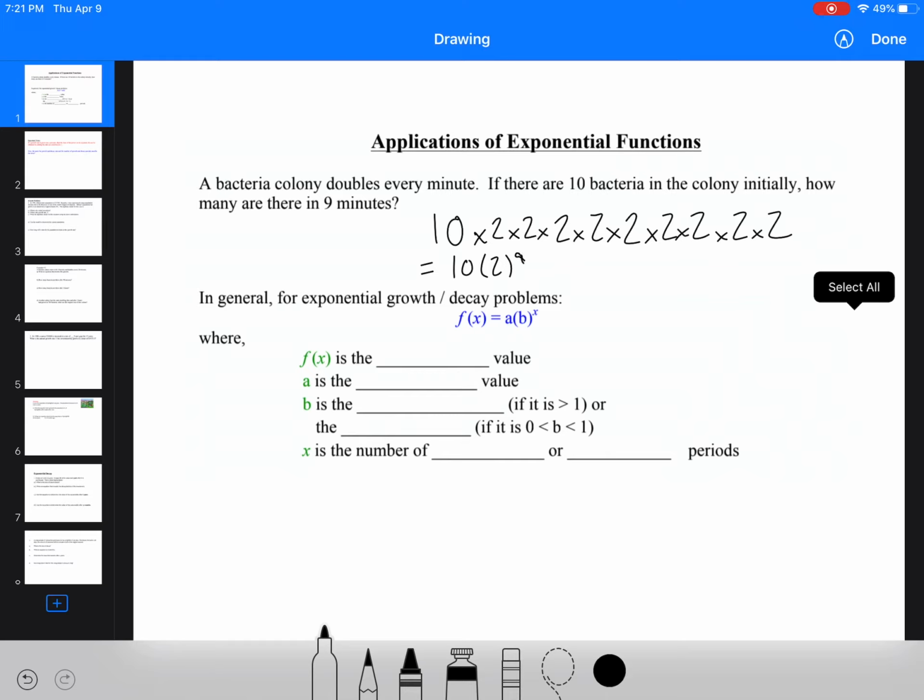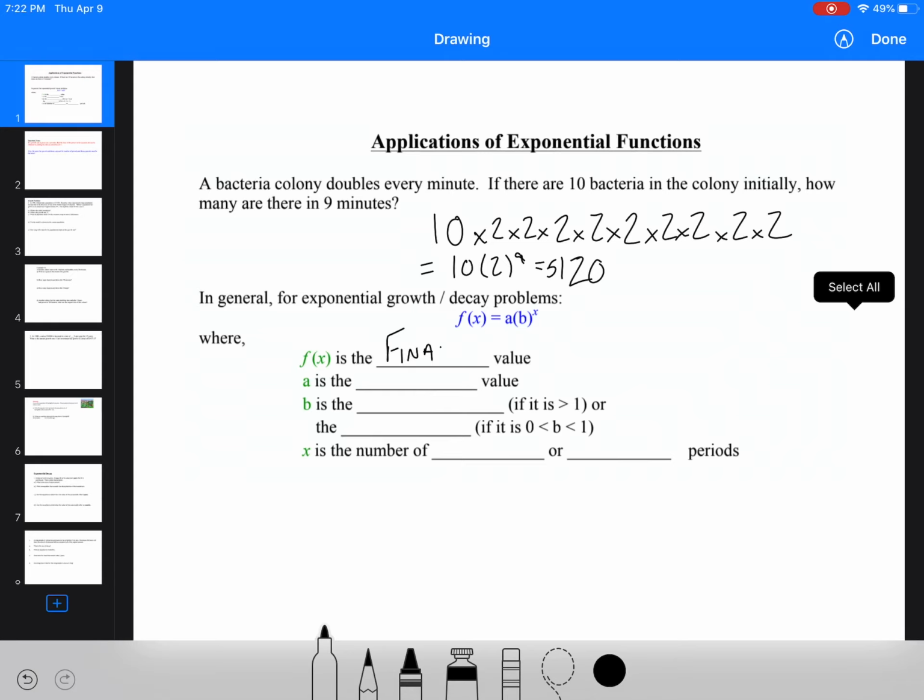If we look at this, it's really 10 times 2 to the 9. Looks like an A. So 2 to the 9 is going to give me 512, times 10 is 5,120.